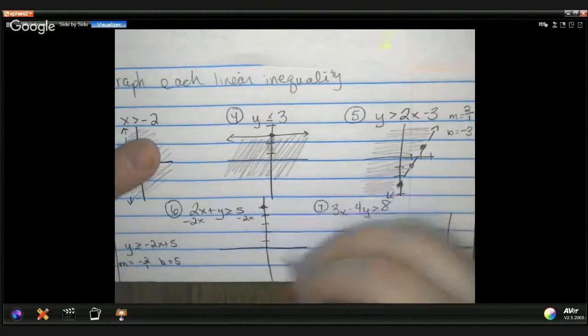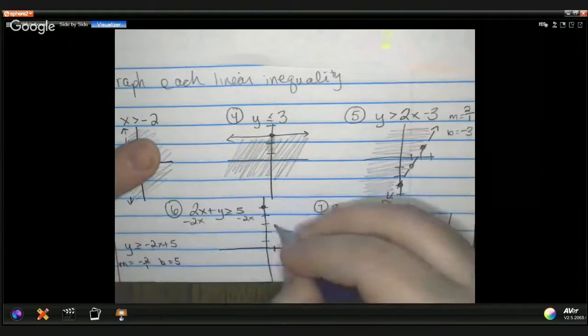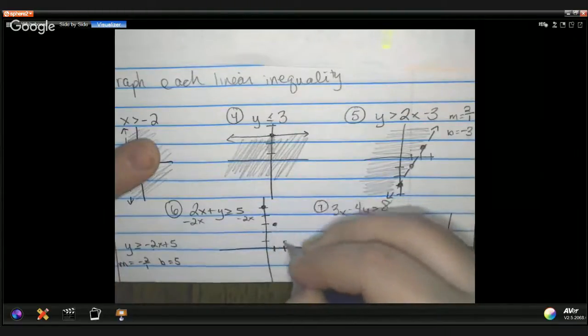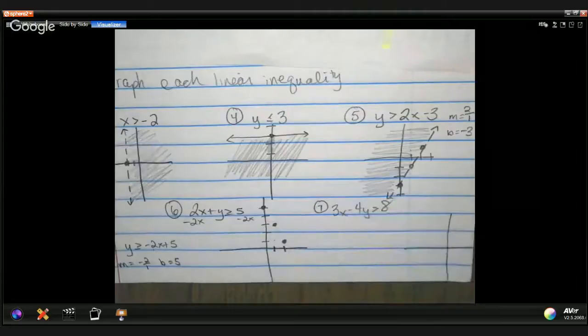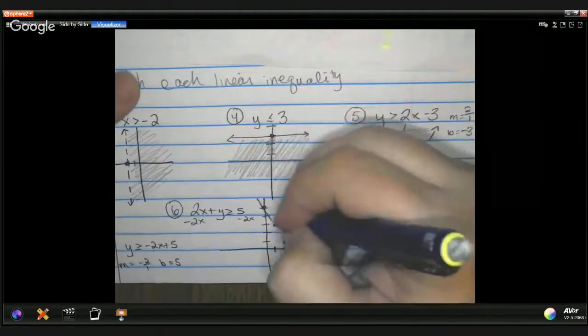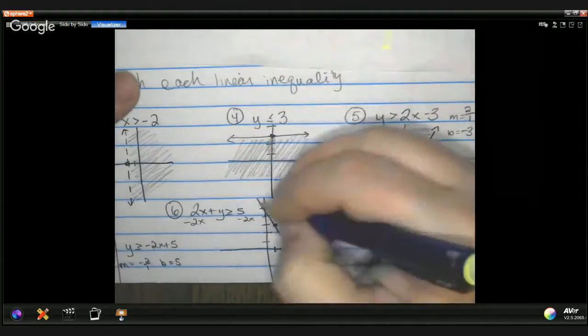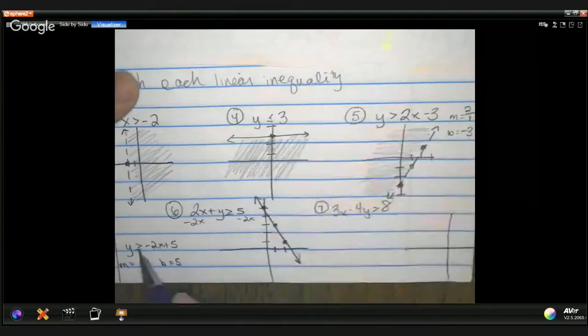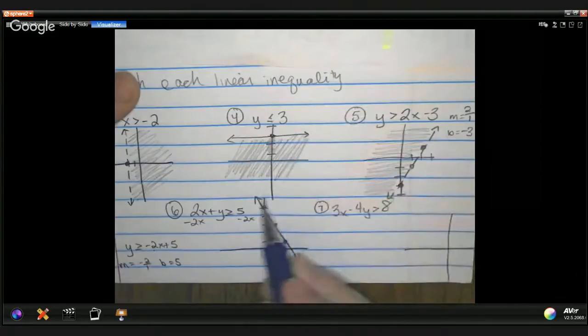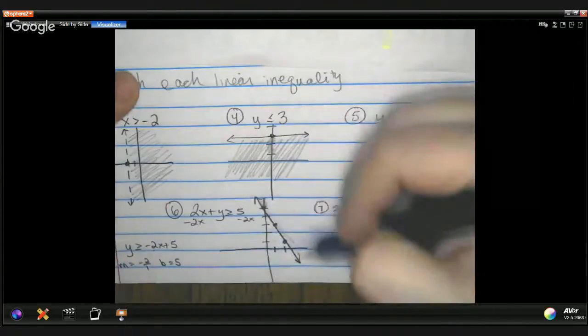And then I'm going to go down 2 over 1, down 2 over 1. This line underneath, remember, means it equals that also, so it is a solid line. And it says it's greater than, so greater than is right up here above the y-intercept. So we shade above there.